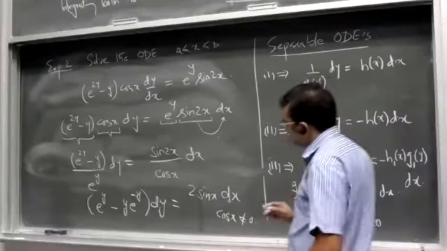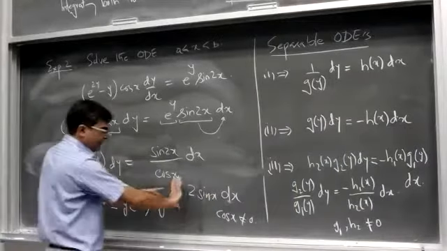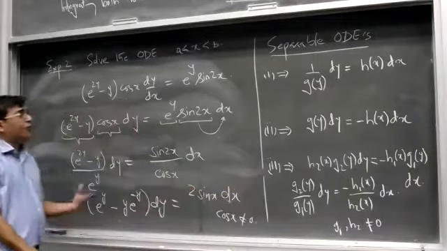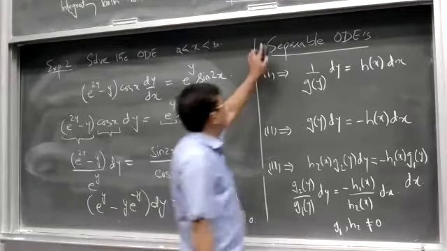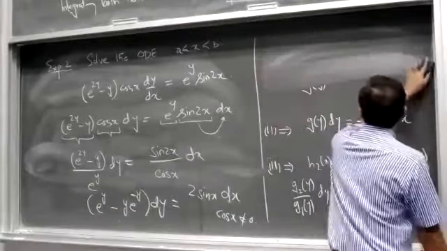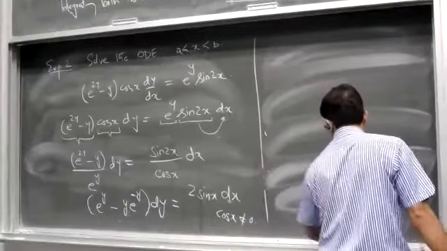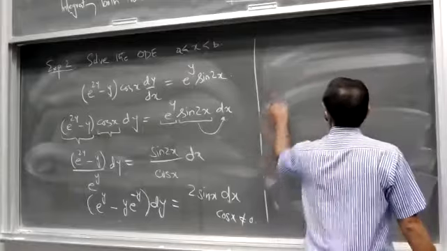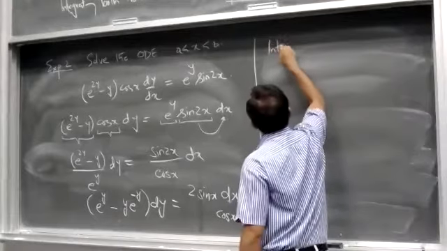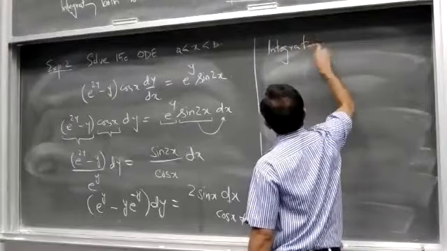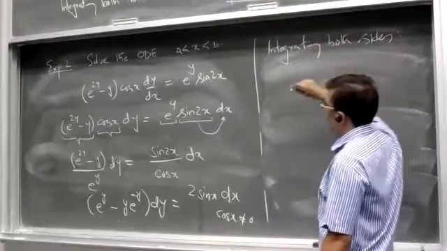So we got this. On the left-hand side, we have only y. On the right-hand side, we have only x. Now what we need to do here is just apply the integration. So integrating both sides, what do we get here?